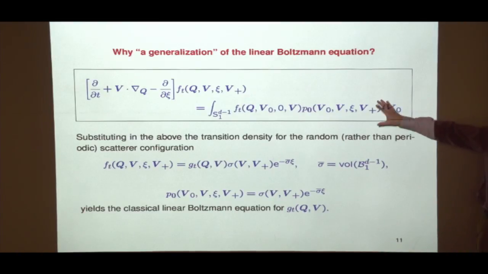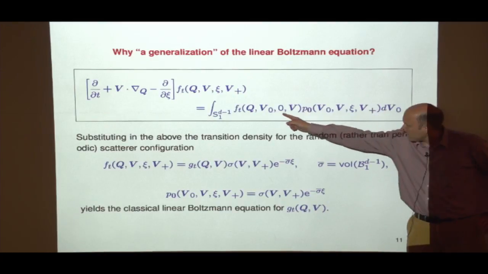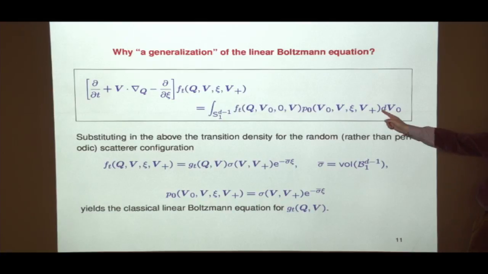Now, in fact, you can view this equation, which is the Fokker-Planck-Kolmogorov equation of the associated Markov random flight process, as a generalization of the linear Boltzmann equation in the following sense. If you look at the right-hand collision integral, there is this transition kernel here, which is a specific function in the periodic scatterer configuration, which we've calculated.